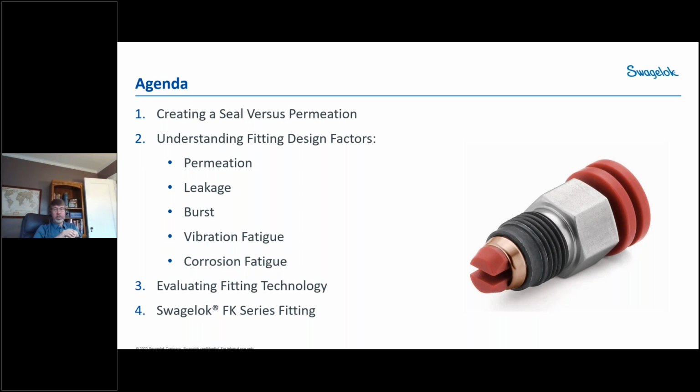And then we'll go through a little bit of a history on different fitting technologies and how they can compare in those different factors. And then we have an example at the end, briefly going through what the Swagelok FK fitting is and how it is designed to withstand those different failure modes.